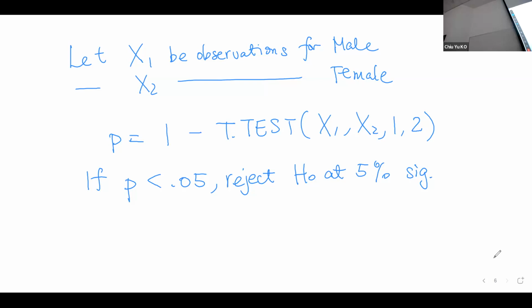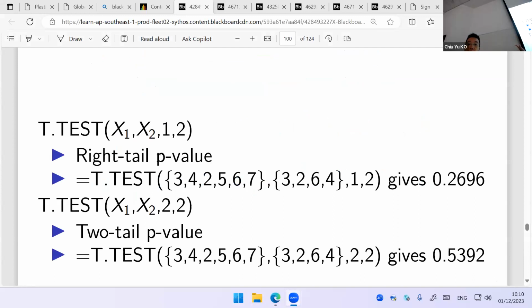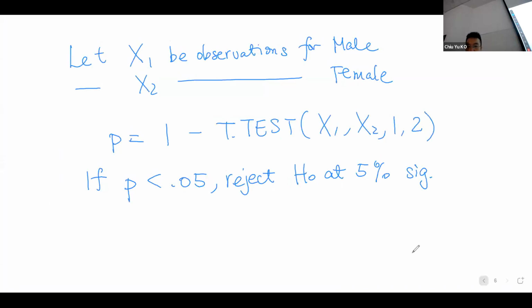Because it's a right tail, the t-test gives you the right-hand side probability. Is that clear? So look at the answer, look at what they give you. This is the right tail. But it really depends on how you write it.